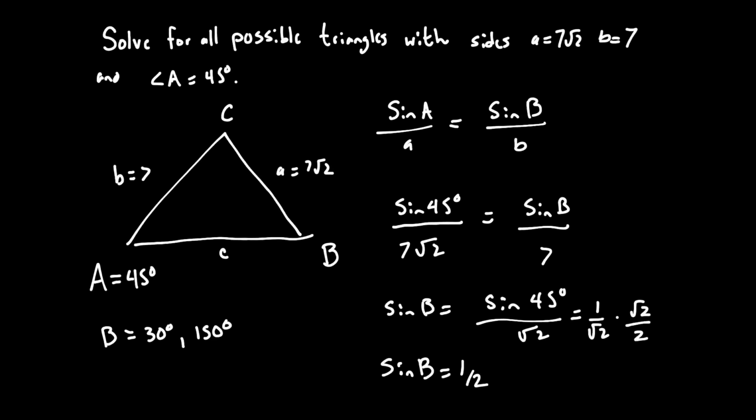Now we can cross out the possibility of B being 150 degrees by the fact that the sum of our angles A plus B plus C has to be equal to 180 degrees, but the sum of angle B at 150 degrees plus angle A is greater than 180 degrees.